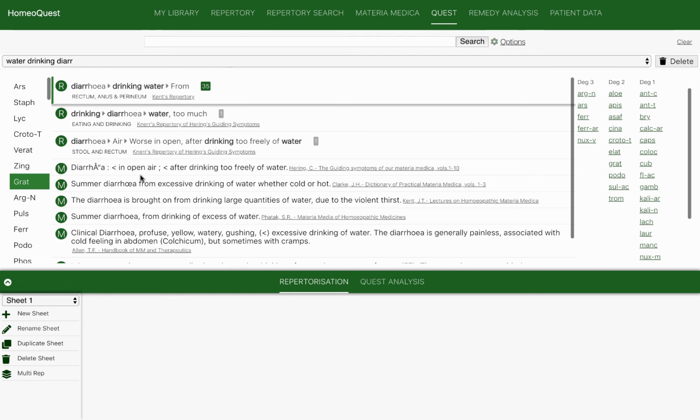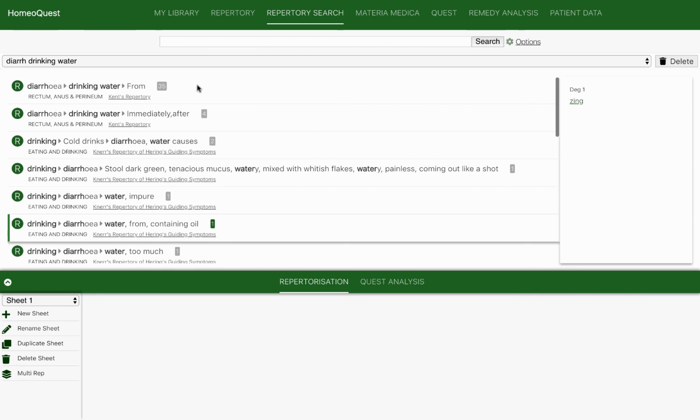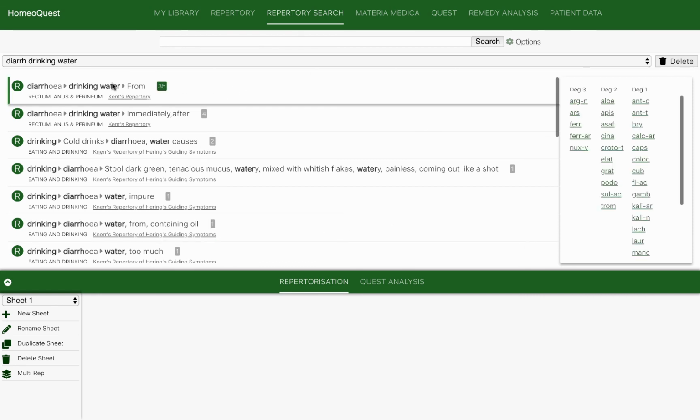You get the entire spectrum and landscape of a remedy from wherever you have it in one place, which is sometimes scattered throughout the repertory when you are using rubrics and choosing. If you were just looking at this rubric, gratiola would be there, here in Kent's.